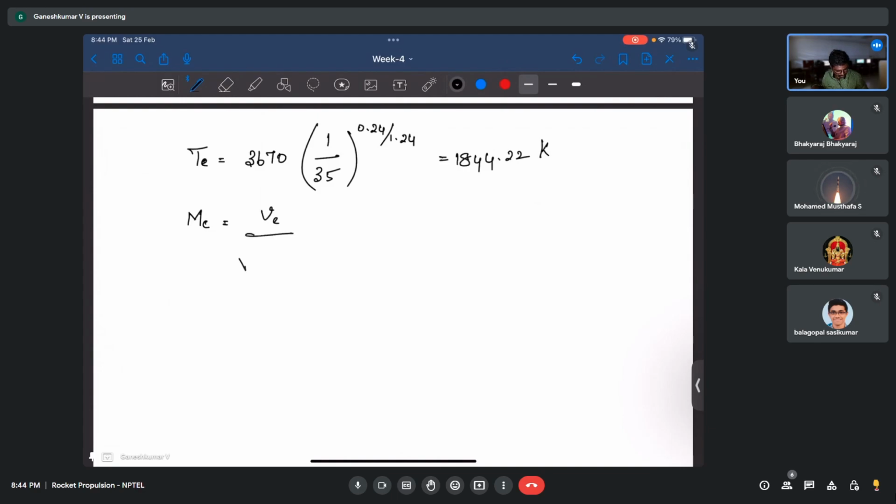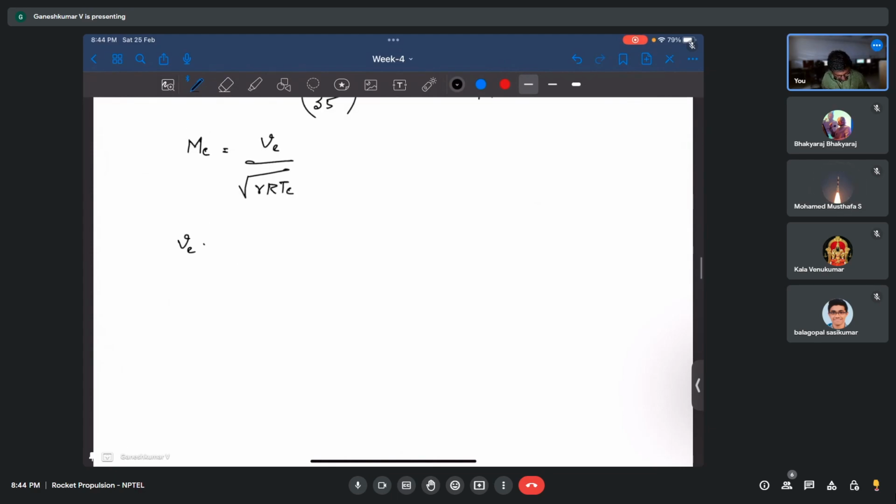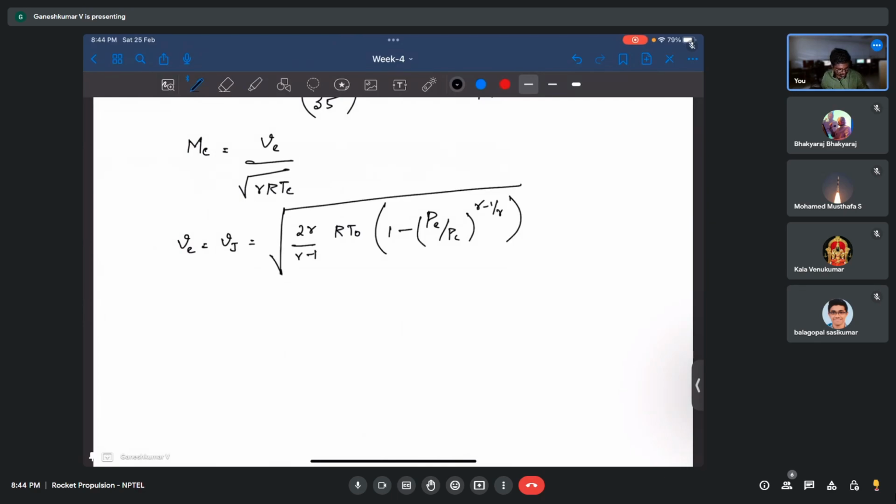Velocity is root of gamma RT. We still don't know what is the velocity at the exit. Velocity at the exit is nothing but jet velocity, right? It is going to be the square root of 2 gamma by gamma minus 1 R T naught times 1 minus PE by PC to the power gamma minus 1 by gamma. So if you substitute, what is the jet velocity you are getting?